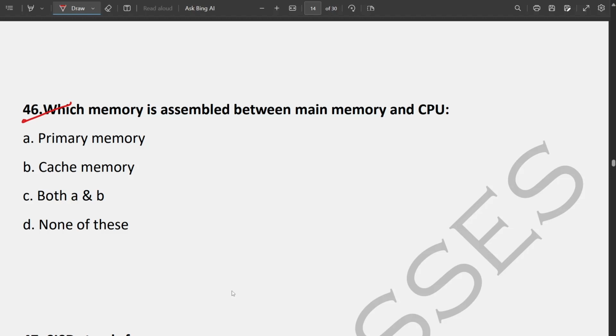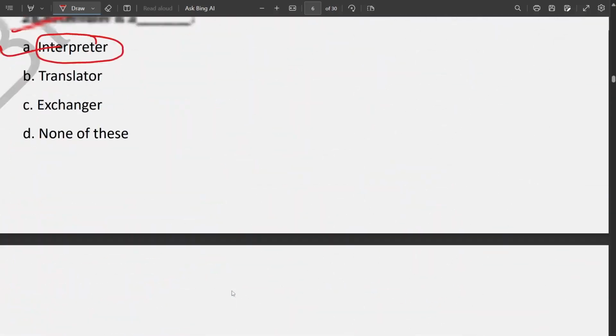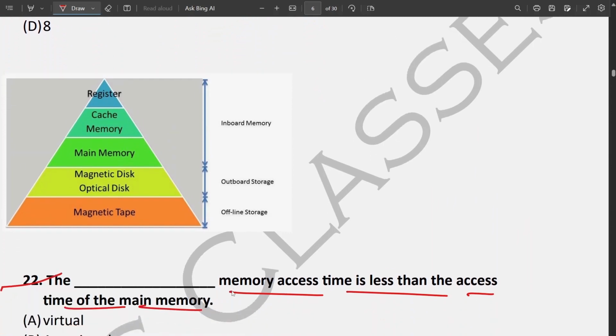Next, which memory is assembled between main memory and CPU? So we have seen this image before. Here you can see this memory hierarchy graph. So the question was which memory is between main memory and CPU.